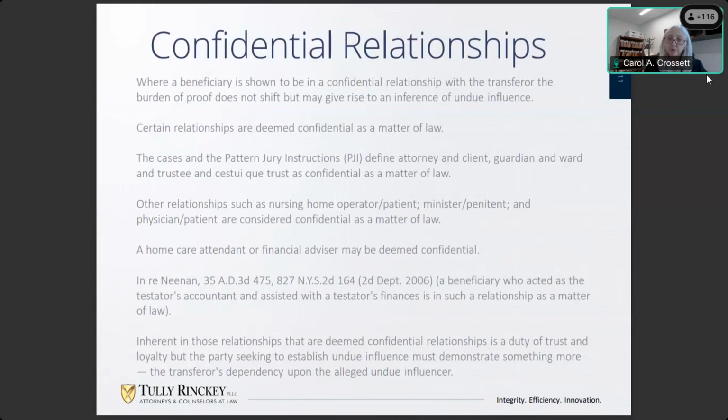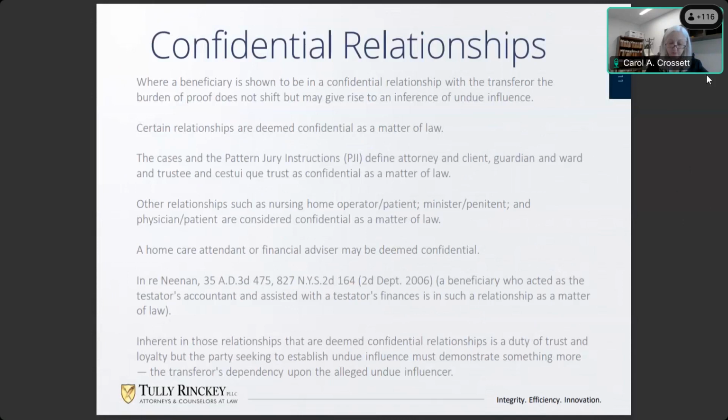And if that occurs, the beneficiary of that property has to explain the circumstances. So the party seeking to prove undue influence must present evidence to show that the decedent was dependent upon the beneficiary, and that person exerted dominance or control over him or her.